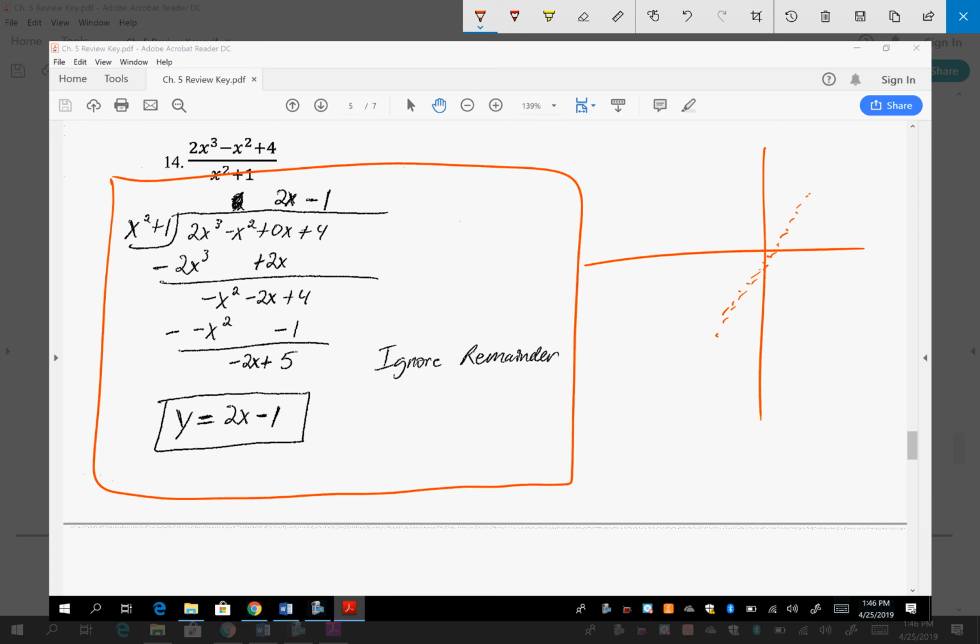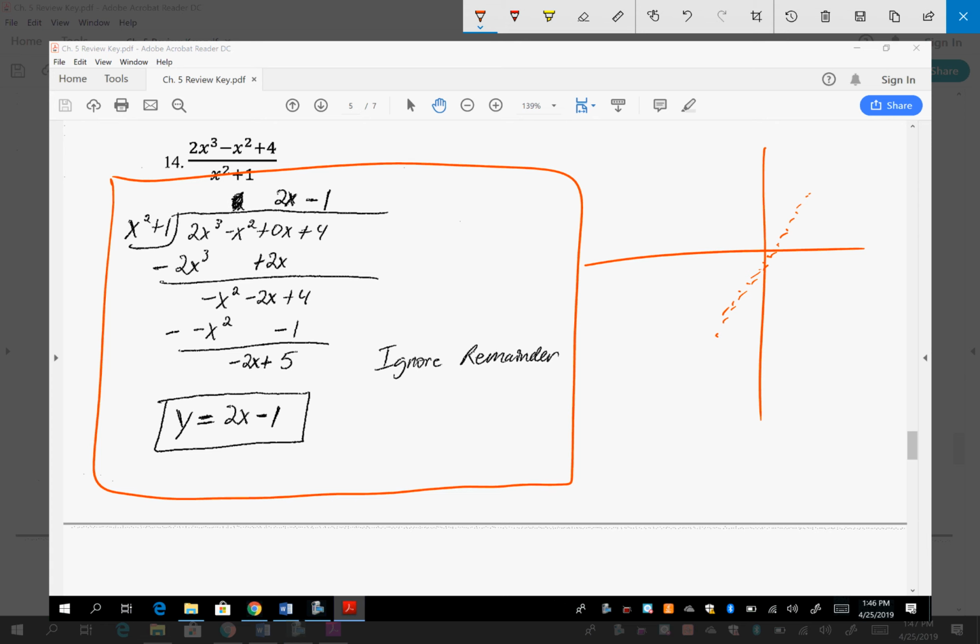It will be a line every time. Why? Because if the numerator has a higher degree by 1 compared to the denominator, when you divide, you'll always start with x. x cubed over x squared will be x. x to the 5th over x to the 4th is x. That's why it has to be greater by just 1.